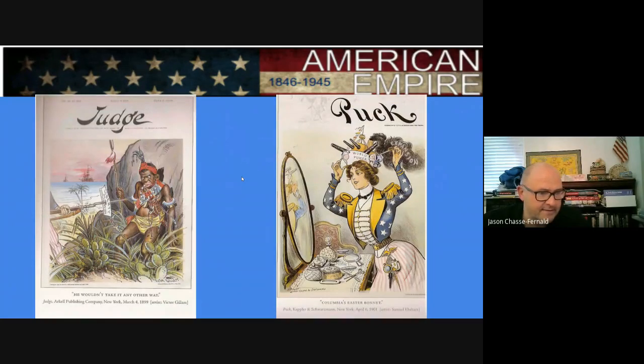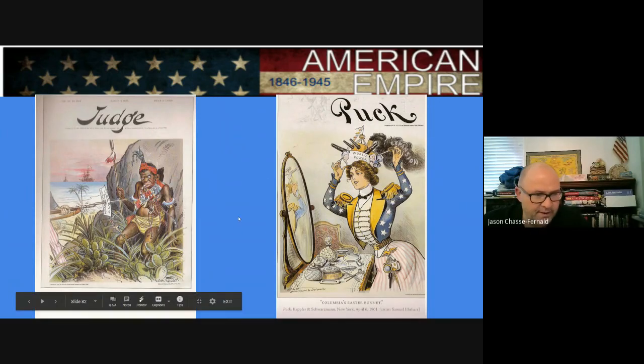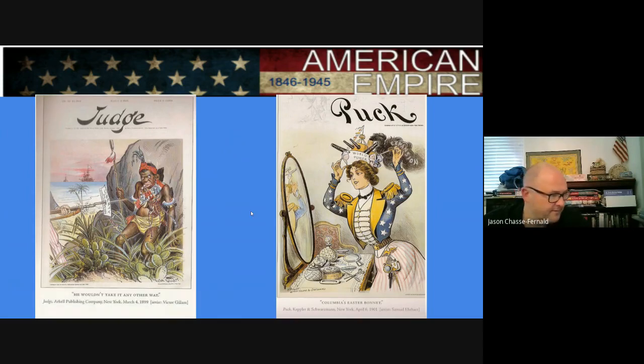These are all common images used to portray the expansion of the United States into a transoceanic empire. This one is obviously very patriotic, pro-empire.